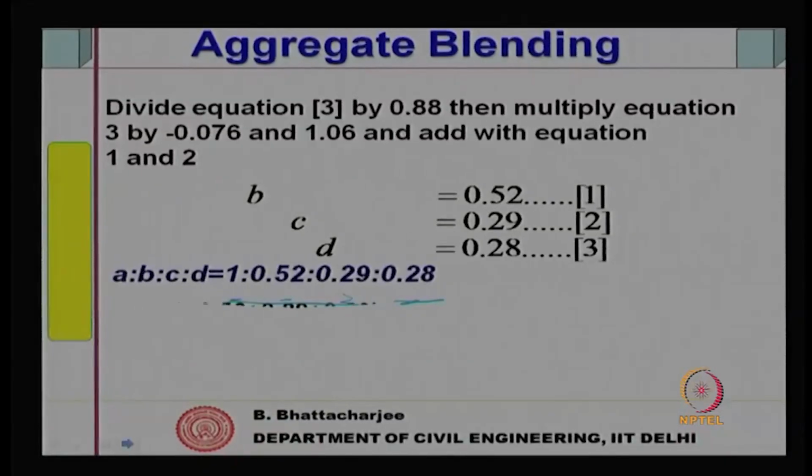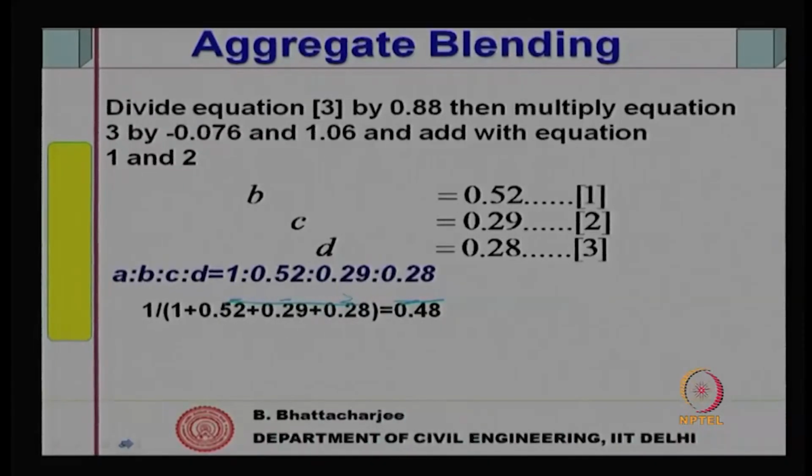You can sum this up, and by summing up you can form those equations, assume one of them equals to 1, rest all then you can determine, and this is how you can find out the proportions.